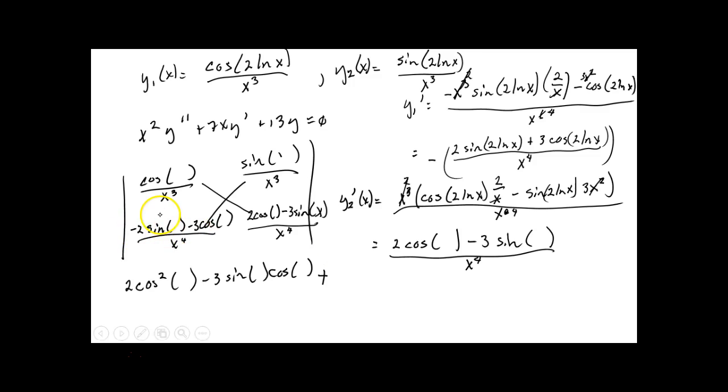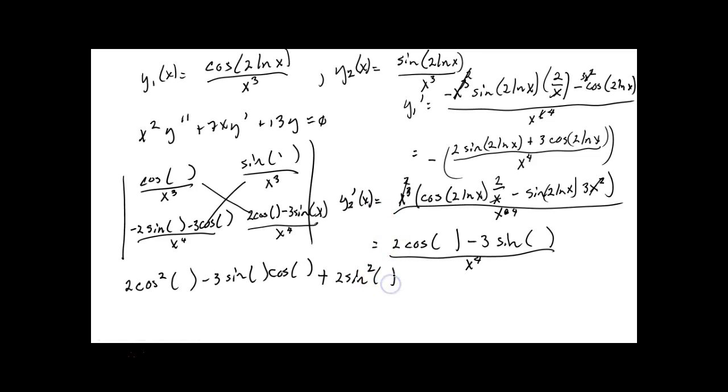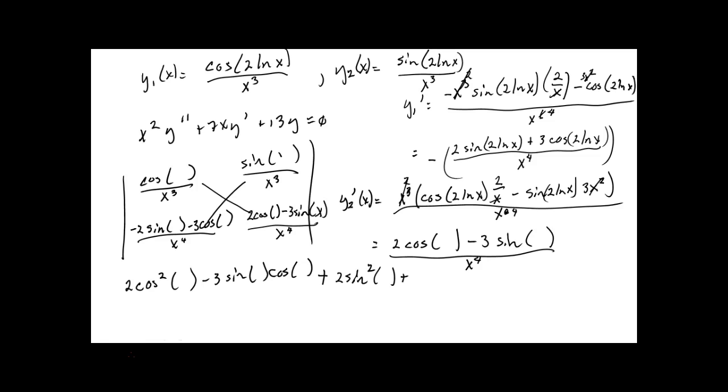So both of these change to pluses now, and that will be 2 sine squared of that thing plus 3 sine of that thing cosine of that thing.